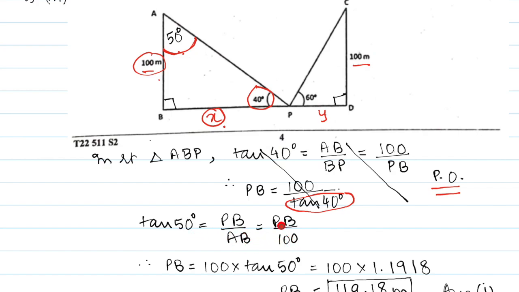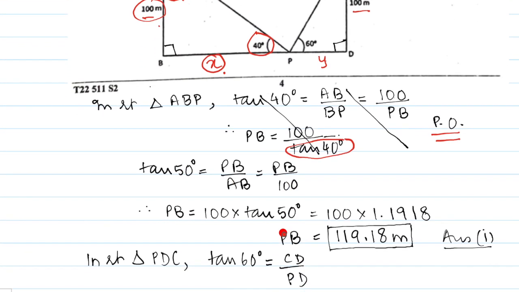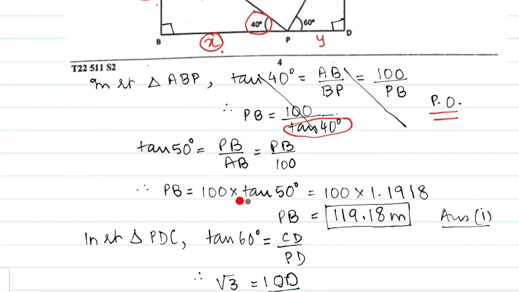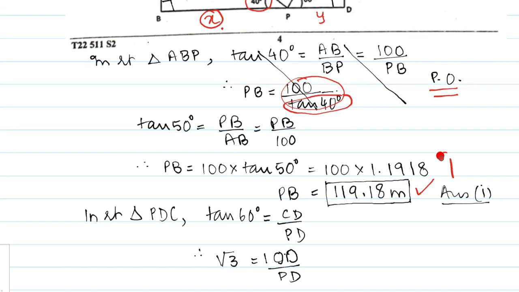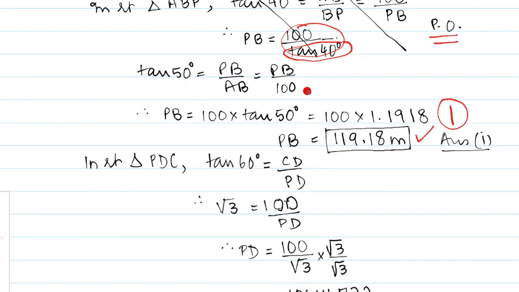And now your PB will be equal to tan 50 multiplied by 100. So tan 50 is 1.1918 and that multiplied by 100, it's a much easier calculation than dividing like this, correct? Yeah. So to get this will be 1 mark. To get this part, this will be 1 mark.